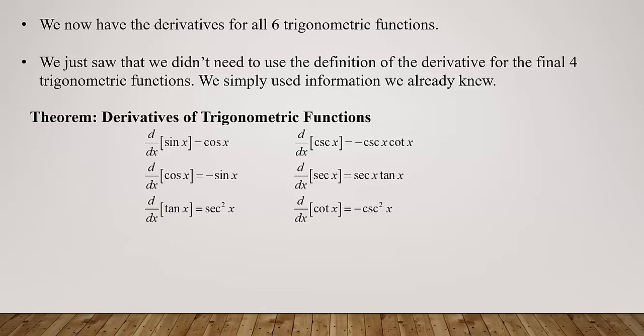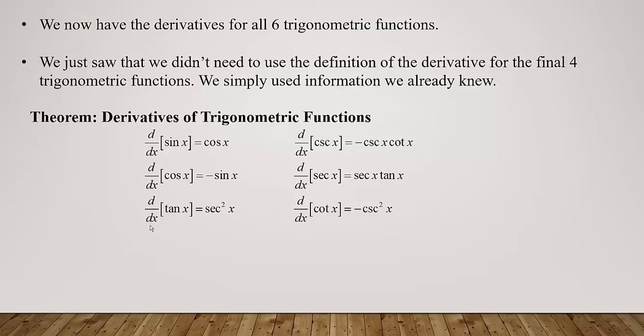All right, folks, I kind of came up with a little trick many years ago to help me remember these. And it utilizes our knowledge of cofunctions from trigonometry. We just need to remember which functions are cofunctions. Tangent and cotangent, they are cofunctions. Secant and cosecant, they are cofunctions.